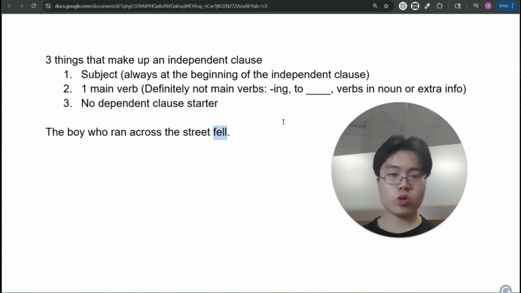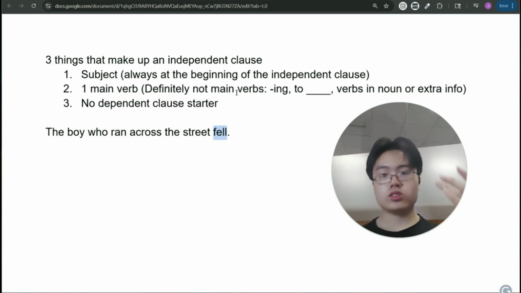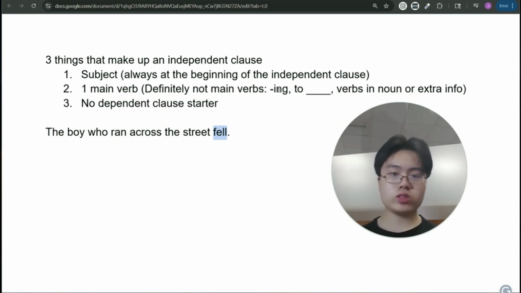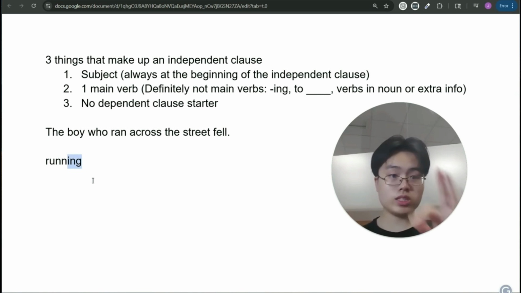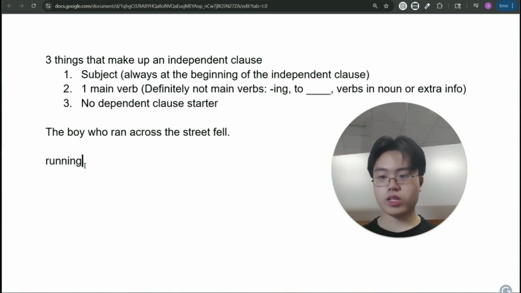This usually comes from understanding the sentence as a whole. However, I will tell you all the possible reasons why something is not a main verb, so you can tell for sure. First things first is if it's an ing verb. Any verb with an ing, like running, is for sure not a main verb because it has an ing attached at the end. Same thing if there is a to in front of it.